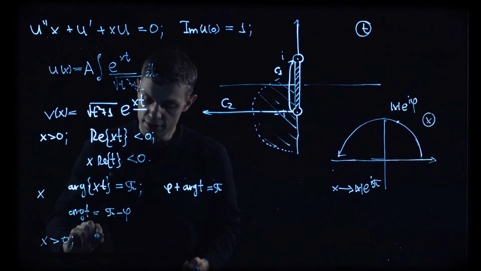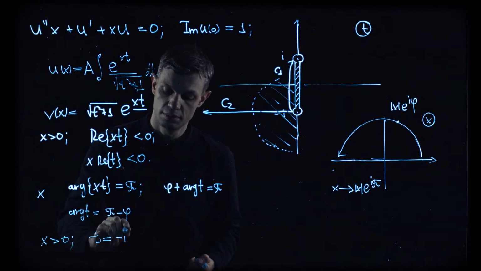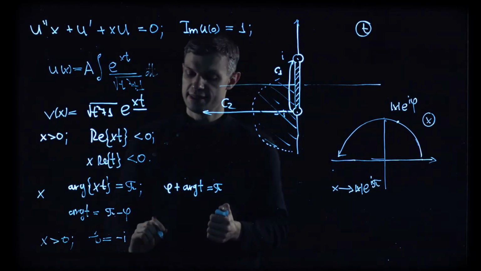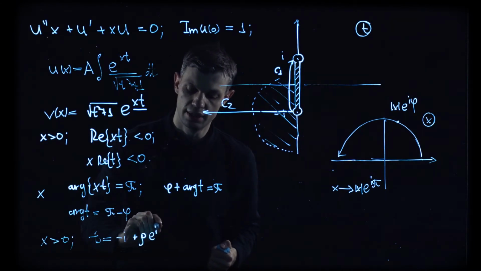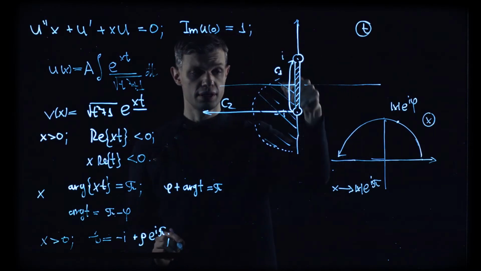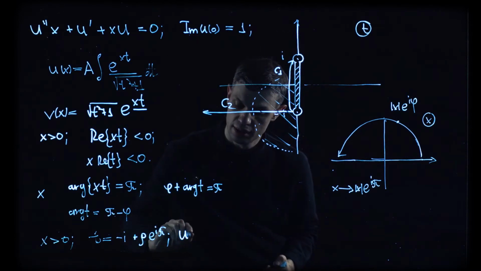So we make an expansion: t is equal to minus i plus some small number s. And this s can be parameterized as rho times e to the i pi, and rho changes from 0 to plus infinity. This is how we estimate our integral.